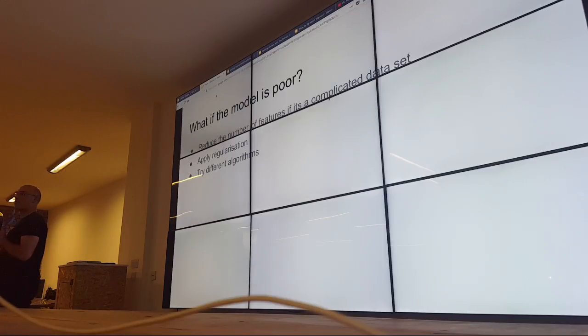So not all algorithms are born the same, and not all data sets are the same. Some data sets suit some algorithms much better than others. And sometimes you might need to use 2 or 3 different algorithms on the same data set and see which one's more accurate. That's quite common. So don't think that you just need to use one algorithm and stick with that.